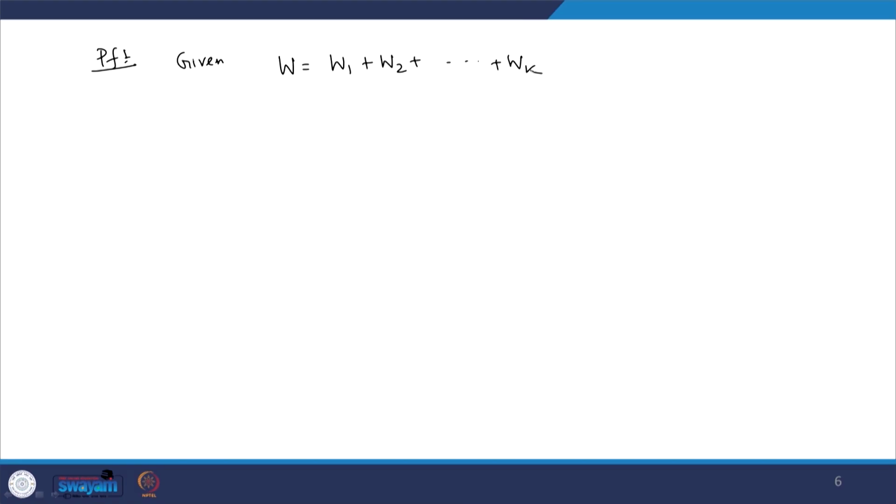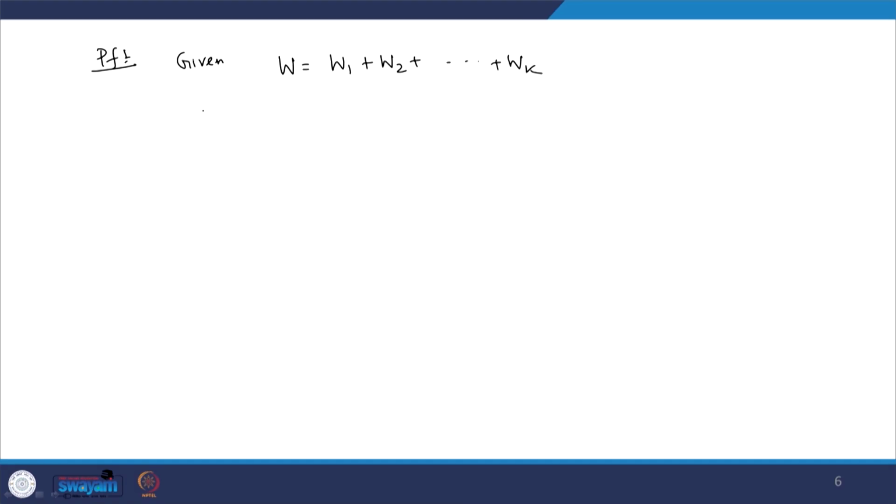And W1, W2, ..., Wk are the eigenspaces associated to eigenvalues c1, c2, ..., ck respectively. Now, by showing that dimension of W equals dimension of W1 plus dimension of W2 plus ... plus dimension of Wk, we are basically showing that eigenspaces associated to distinct eigenvalues are linearly independent.